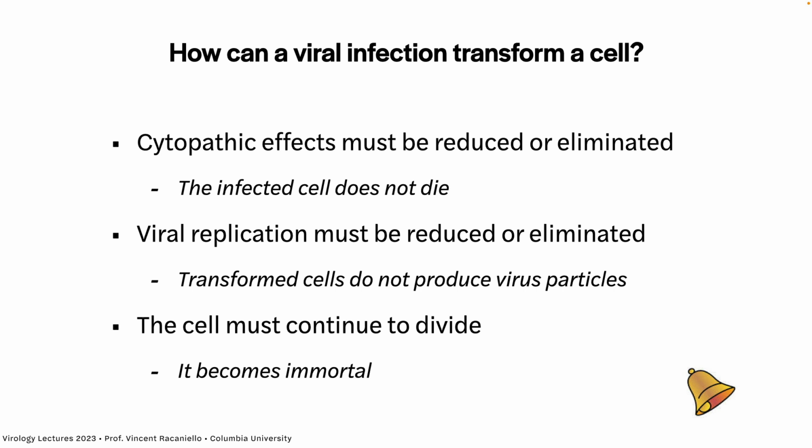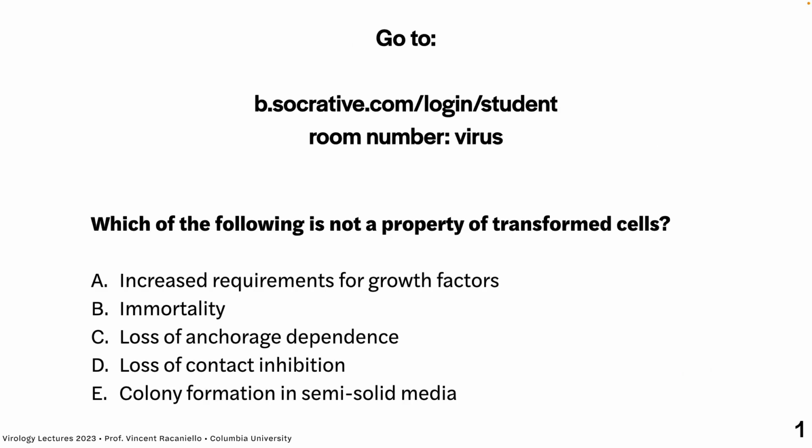And the cell has to be immortal. It has to divide forever. Does that ring a bell? It's a kind of persistent infection where the virus is there, maybe reproducing very slowly, if at all, but the genome is present. And this transformation is basically a special kind of persistent infection, if you will.